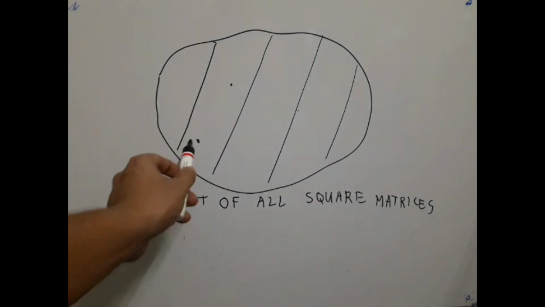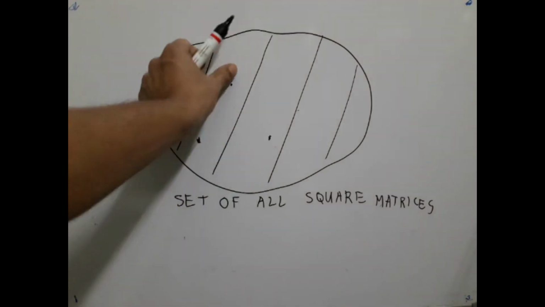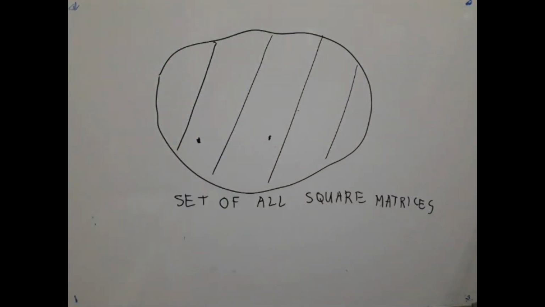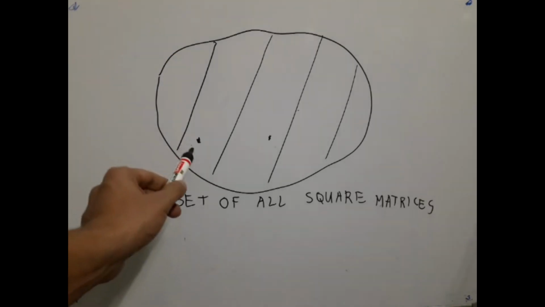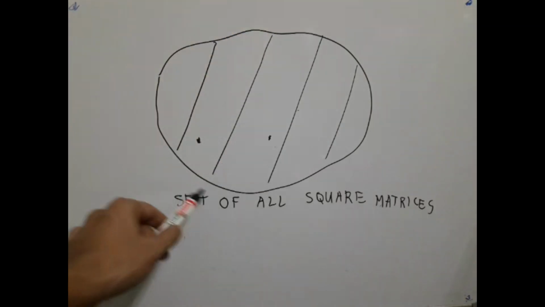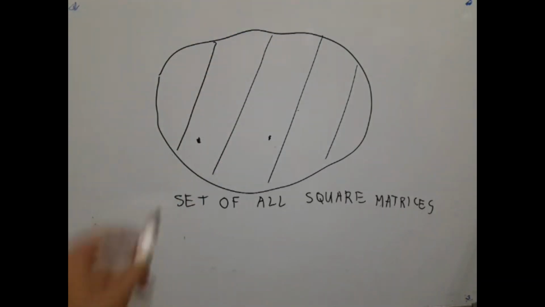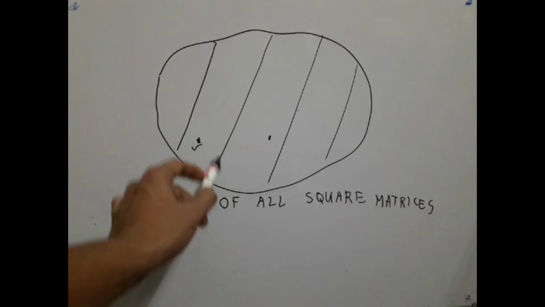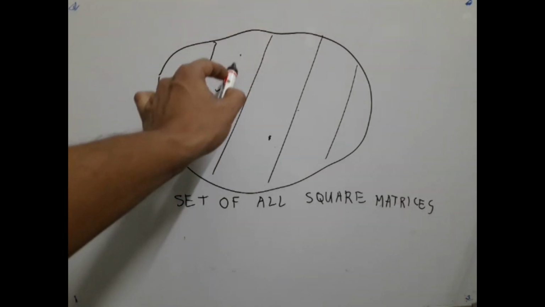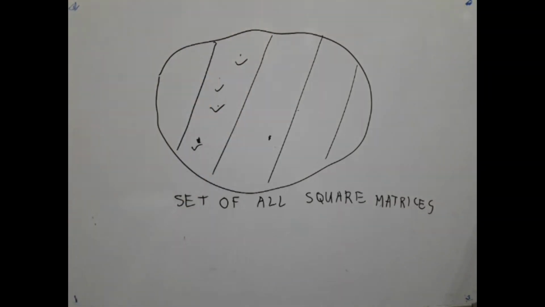And if I take any matrix here and any matrix here in different blocks, then they are not similar to each other. Then the properties of matrices that we are generally interested in linear algebra are really not properties of the matrices themselves, but properties of an entire block, because if the property is satisfied by this, it must be satisfied by this and every other matrix in the block as well.